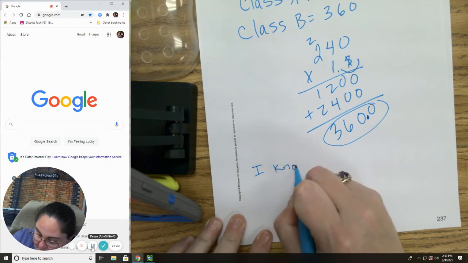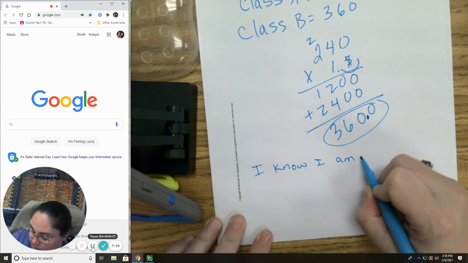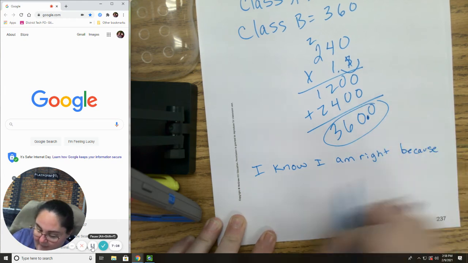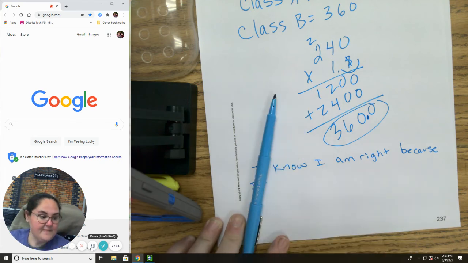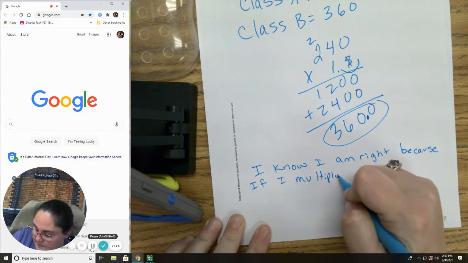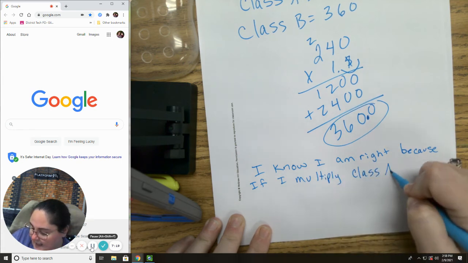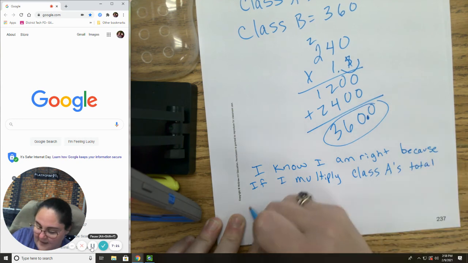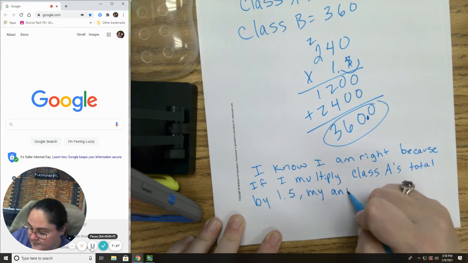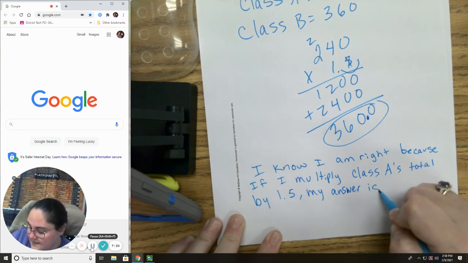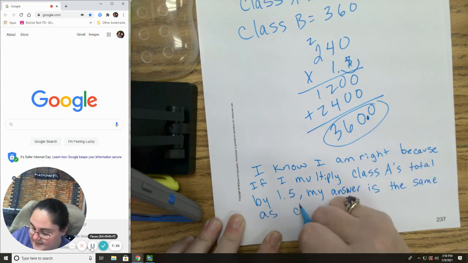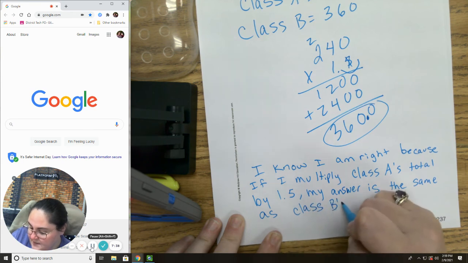I know I am right because if I multiply Class A's total by 1.5, my answer is the same as Class B's total.